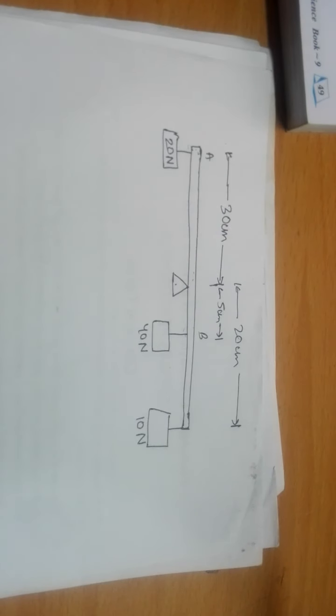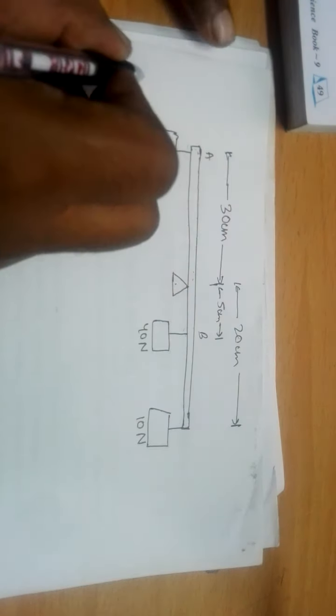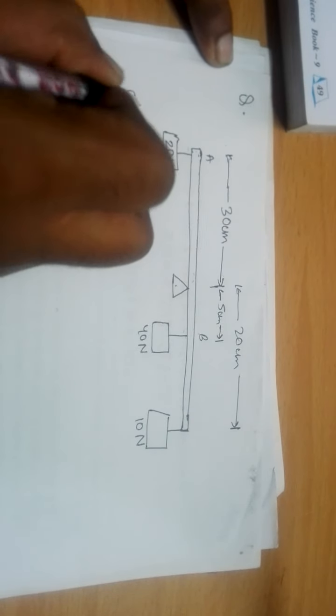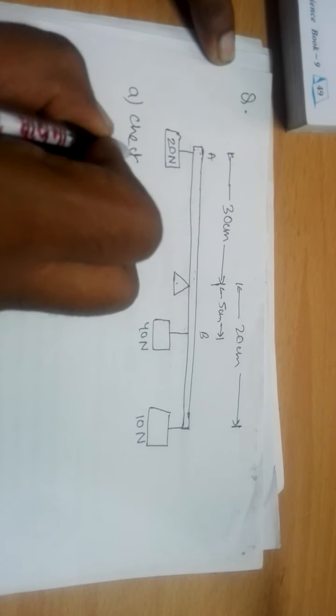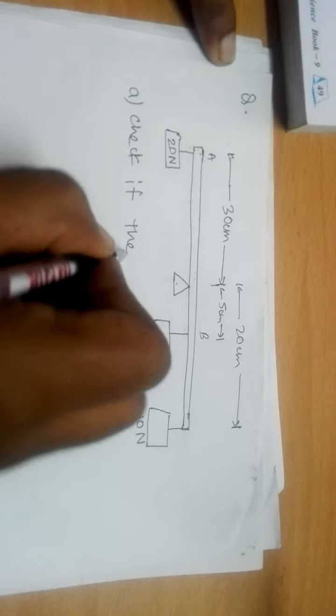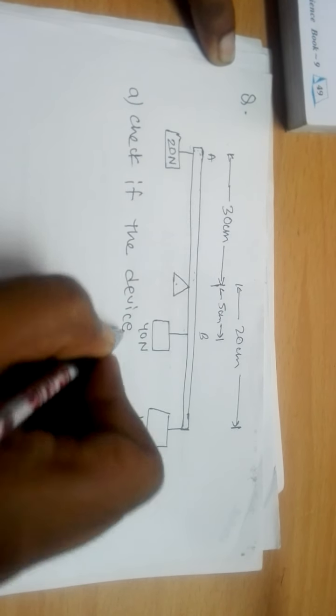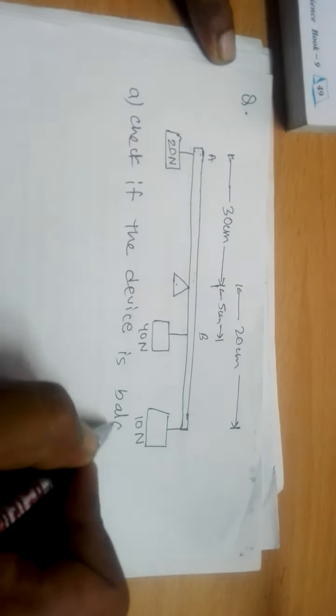Now just by looking at this, we cannot tell whether this device will be in equilibrium or not. The question is number A. Check if the device is balanced or not.